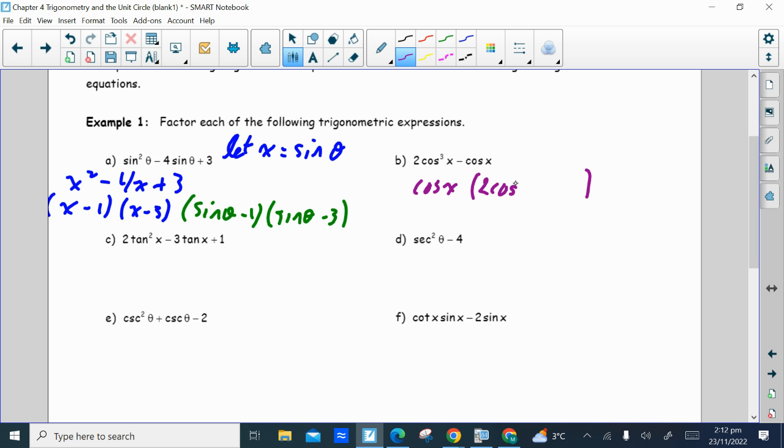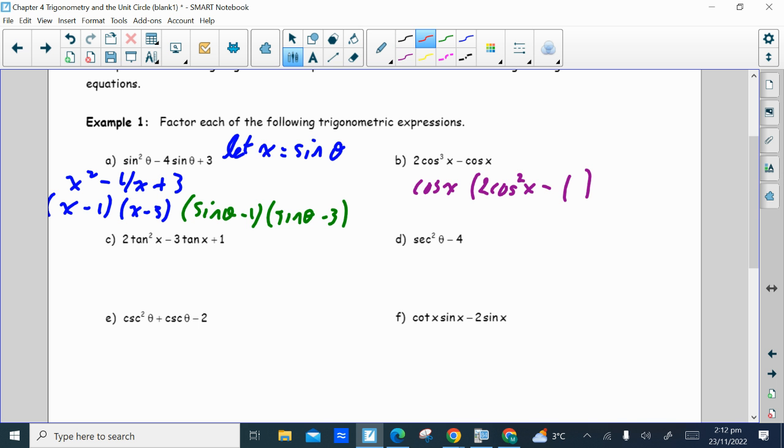And cos cubed x divided by cos x leaves you with cos squared x. And then the second term, cos x divided by itself, gives you 1. So the factors are cos x, bracket 2 cos squared x minus 1. And again, if you multiply it out, you get what you start with.